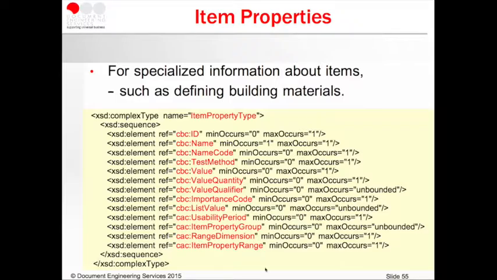So you need to know things that we can't standardize on how these properties exist. So we have what's called a value quantity and a value qualifier. What it is, how much of it, and what it is that we're measuring it by. So this is really useful for those situations where you can't get enough information in the standard item structure.